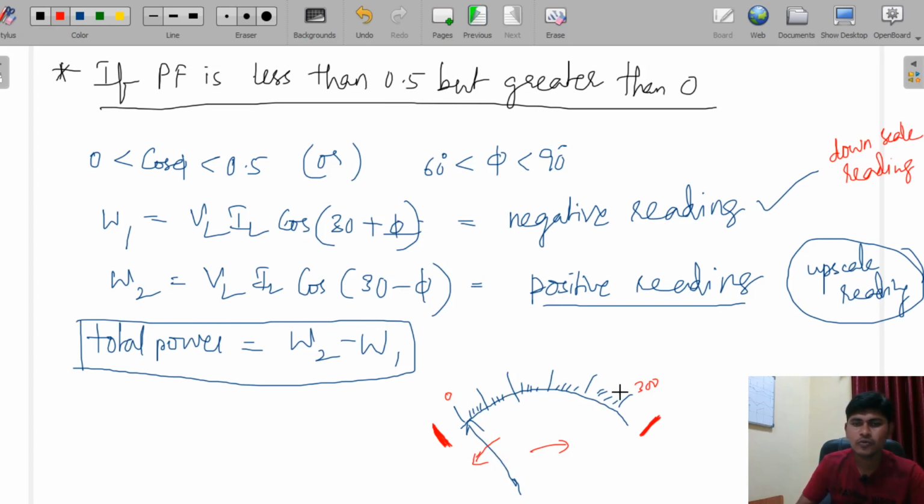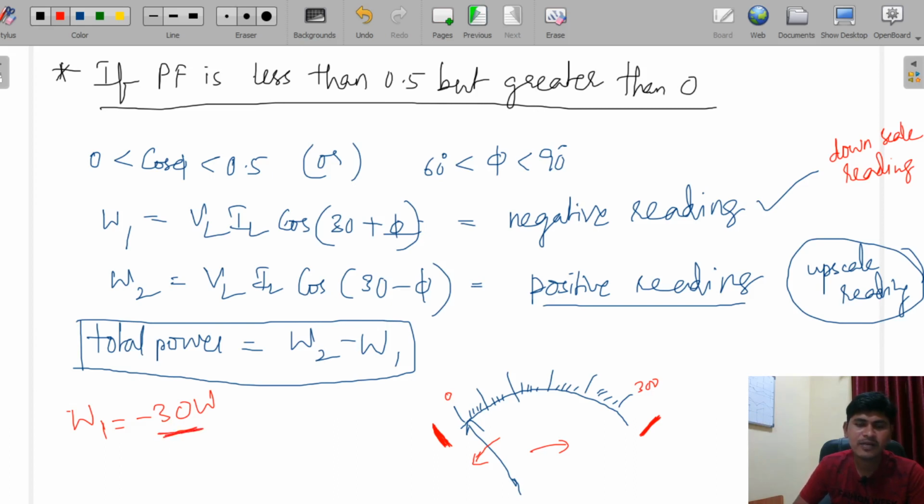So you do one thing. First let us get a positive reading. Suppose W1 is minus 30 watts.